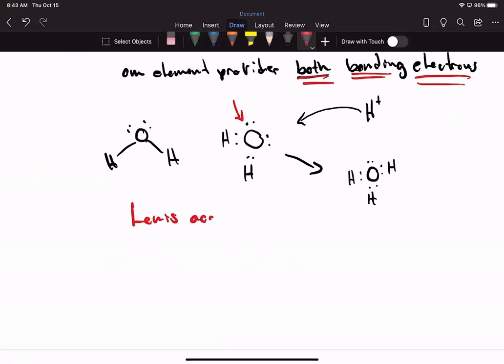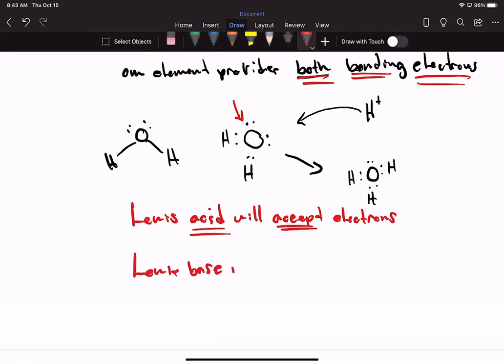A Lewis acid will accept electrons, and a Lewis base will donate electrons.